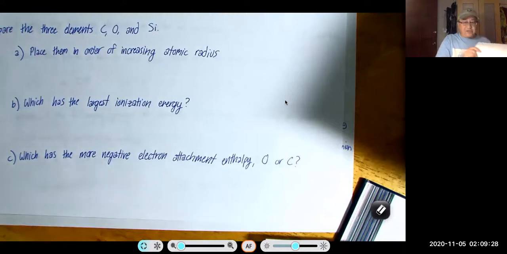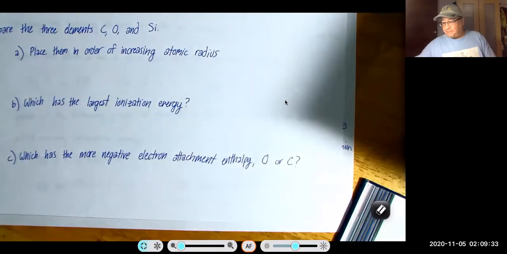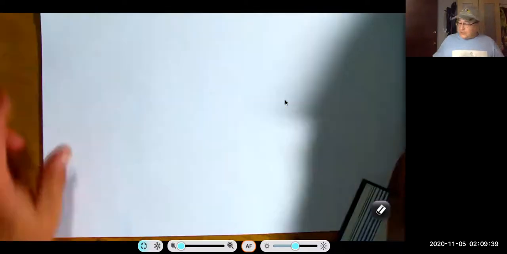So here's the periodic trends, but I do want to take a look at a problem that's not here. So I'm going to write it down. So here's the question I'm going to pose to you. And it's simply this.